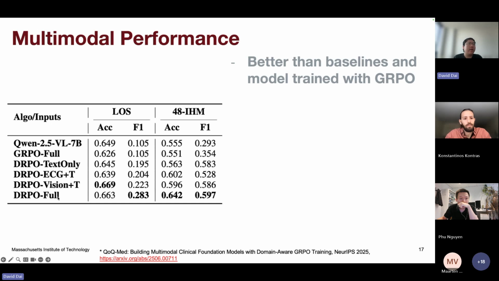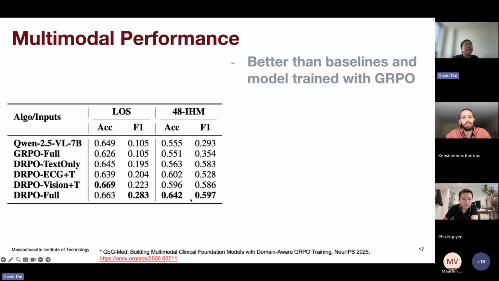This is on the MIMIC-4 dataset, on two standardized tasks: length of stay, and 48-hour in-hospital mortality. You can see the model trained with the full combination of modalities, which includes time series, vision, and text, achieves the best performance.